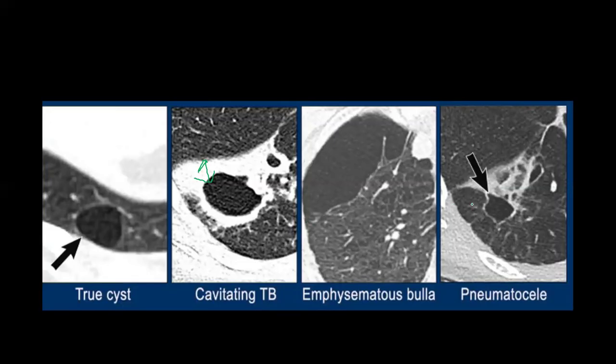Next is the pneumatocele, which is usually seen in settings like infection, and it usually resolves on follow-up HRCT. You won't see the pneumatocele in this location once the consolidation resolves. So it is usually seen adjacent to consolidation in infection patterns of lung disease. And this is the emphysematous bulla, this is a cavity, and this was a cyst.